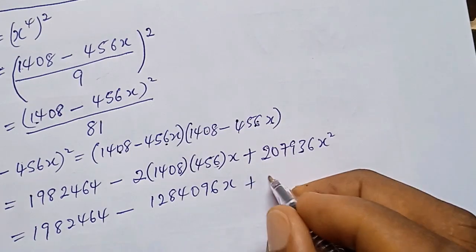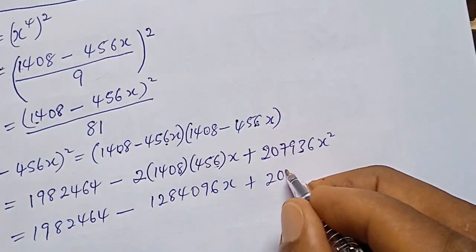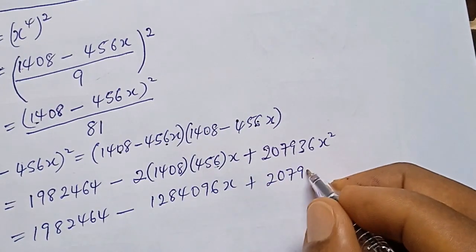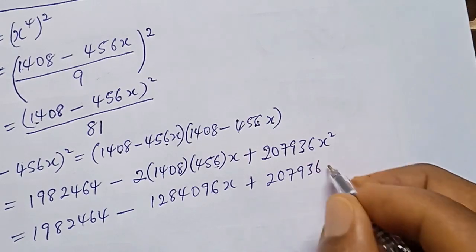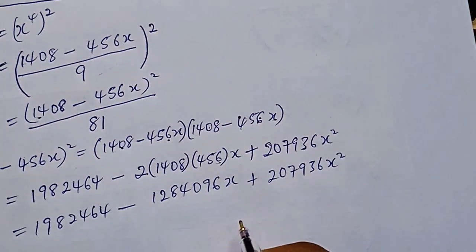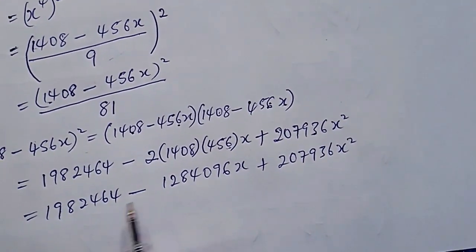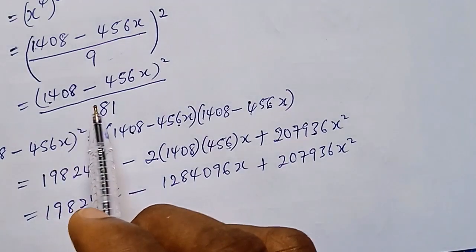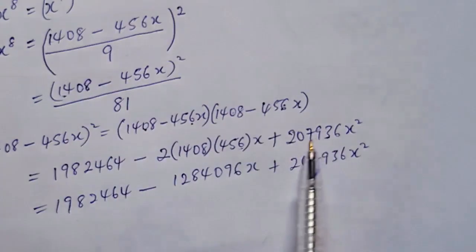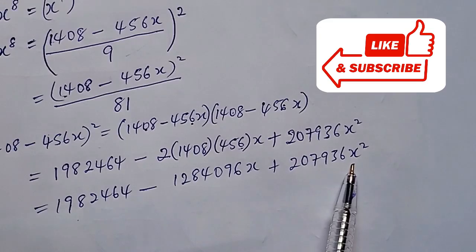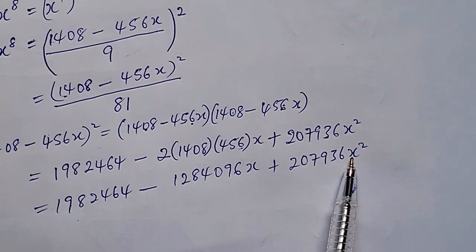So plus 27936x squared. So this is the simplification of the numerator of x to the 8.